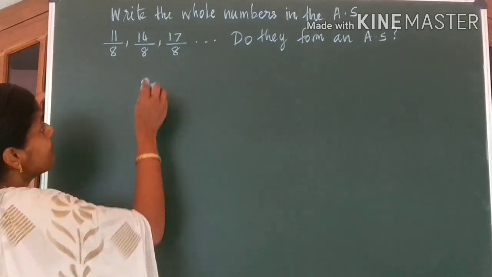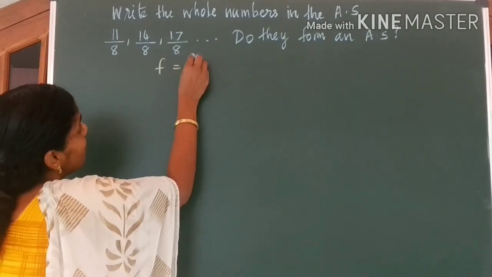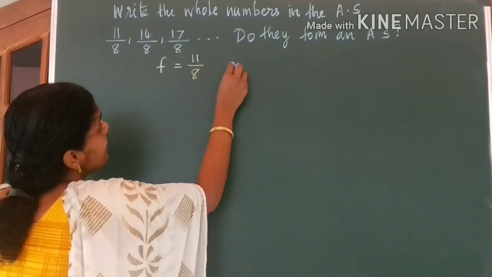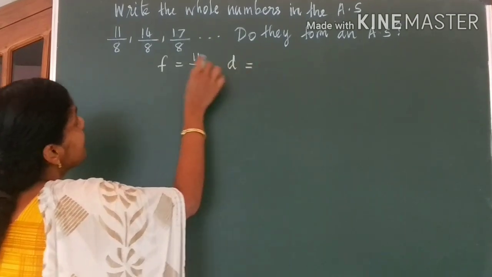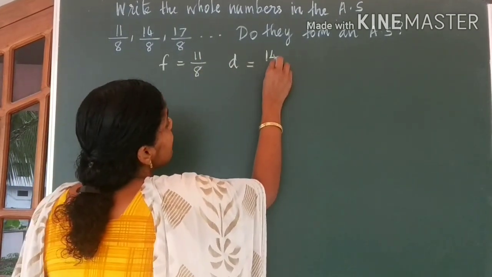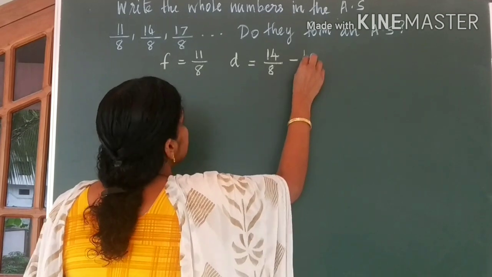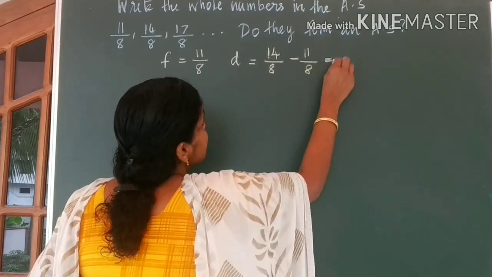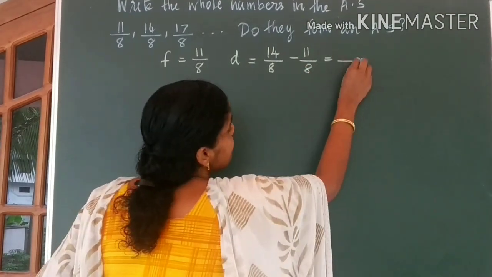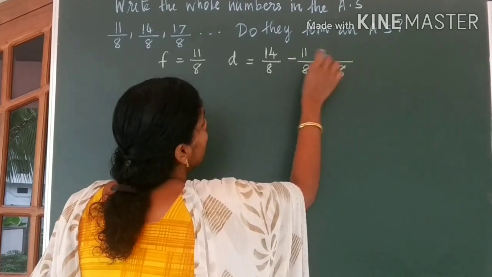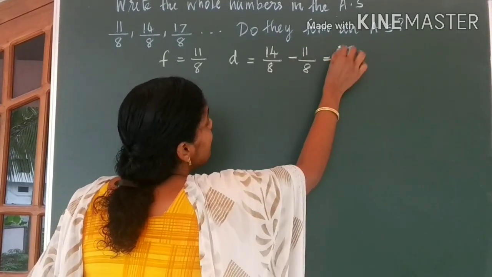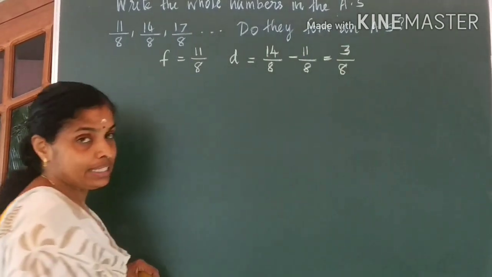Okay. Our first term, f is equal to 11 by 8. And what is our common difference? Common difference is second term minus first term. Since the denominators are the same, write the same denominator. 14 minus 11 gives you 3.